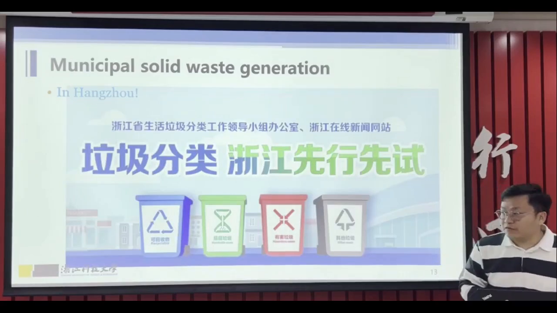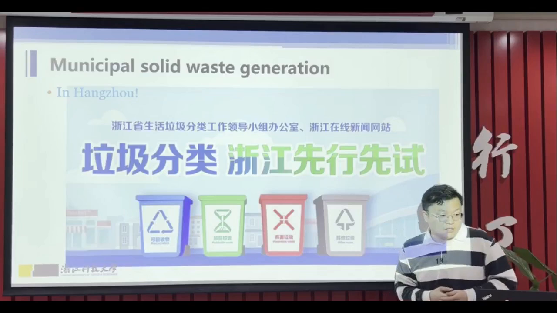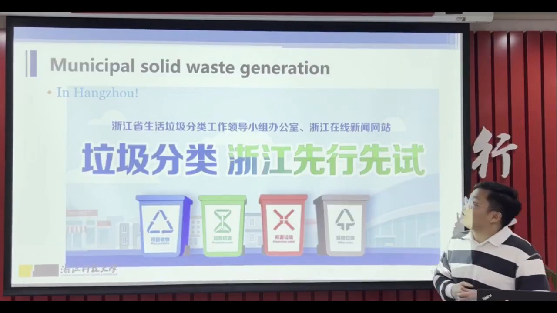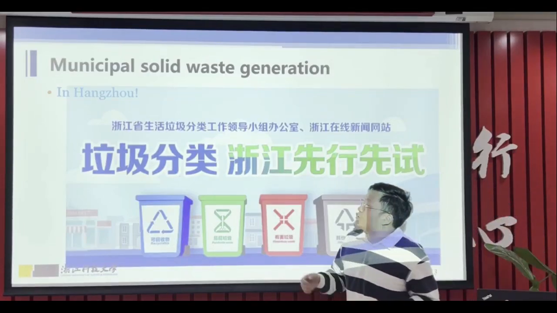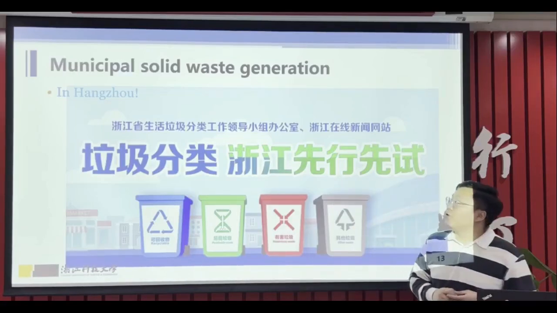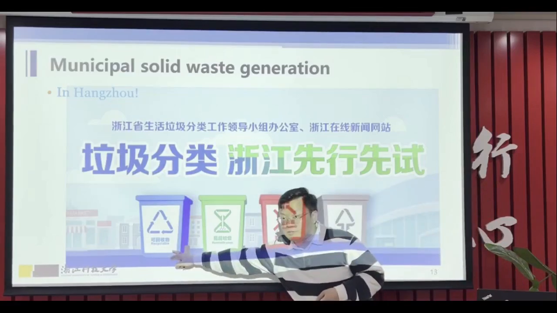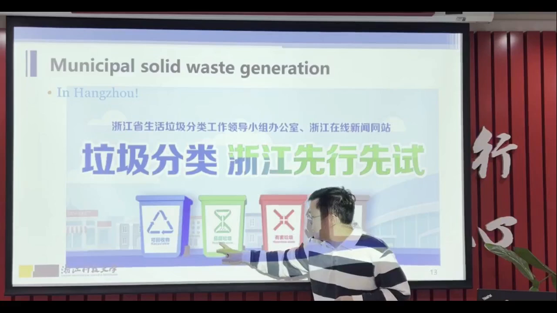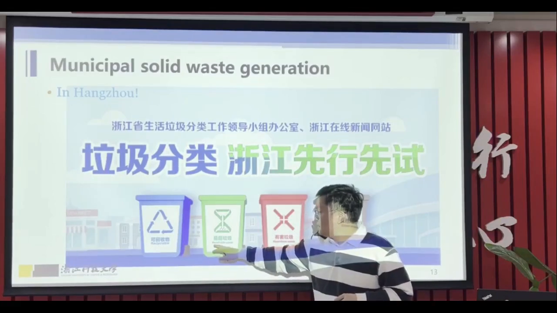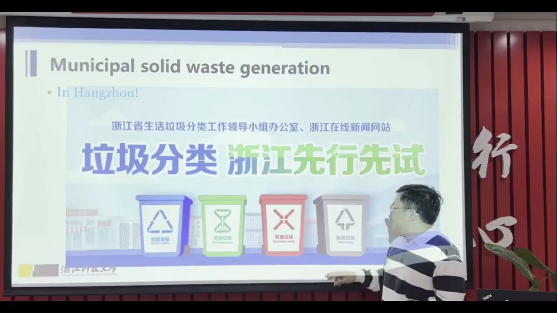Also in Zhejiang province, in Hangzhou, we start the source-separated collection of municipal solid waste. Municipal solid waste is divided into four different categories, for example, the recyclables, the biodegradable waste, the hazardous waste, and then the other waste.